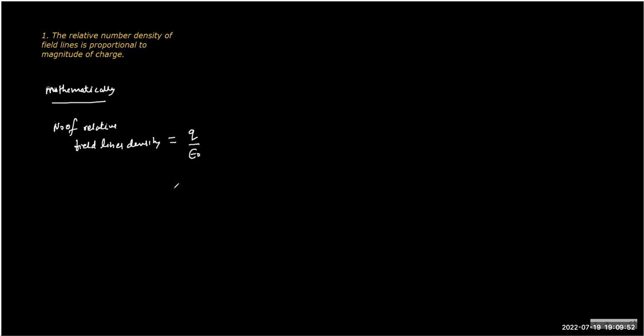And how these lines come out of a point charge, we can say readily. If the charge is distributed, it will have a very complex nature of field, which we cannot say right now. It depends on the context.